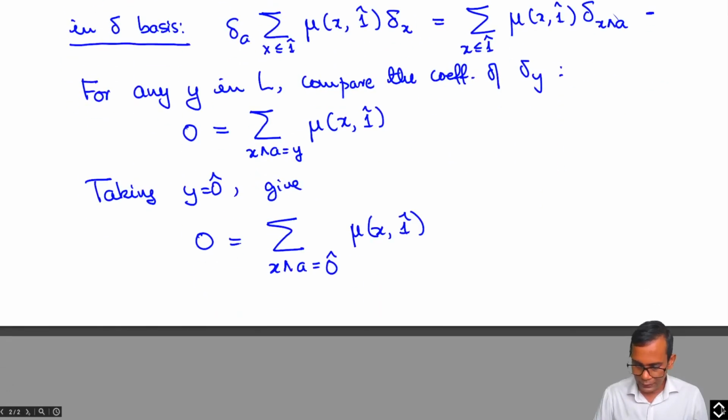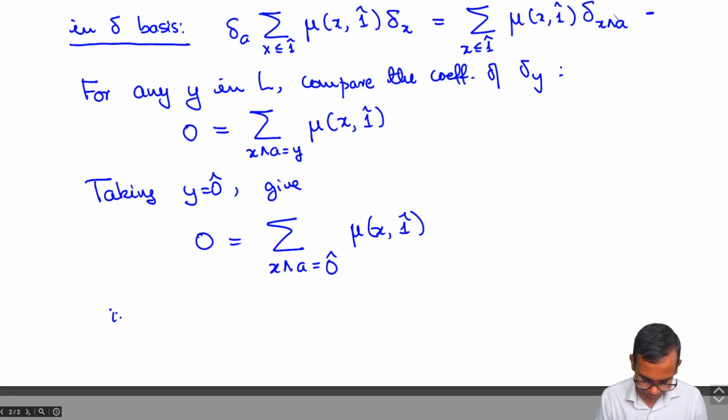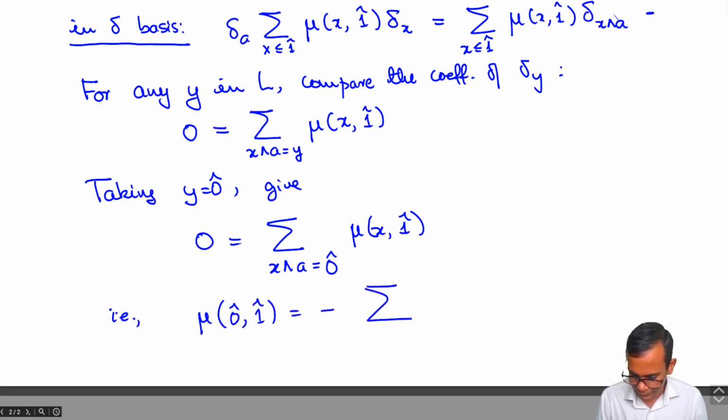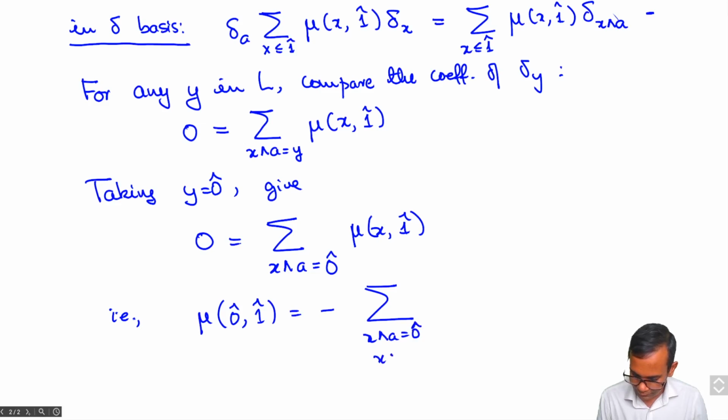And now we take x equals 0 hat to one side, and so we get mu(0hat, 1hat) is equal to minus the sum over x meet a equal to 0 hat, x not equal to 0 hat, because that's the term I took to the other side, of mu(x, 1hat). And that's the statement of Weisner's theorem.